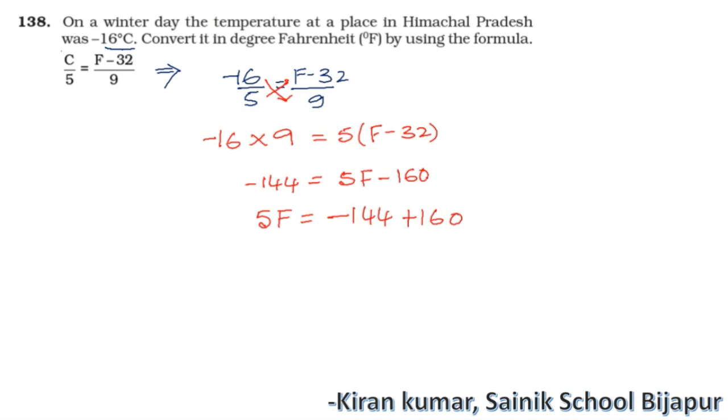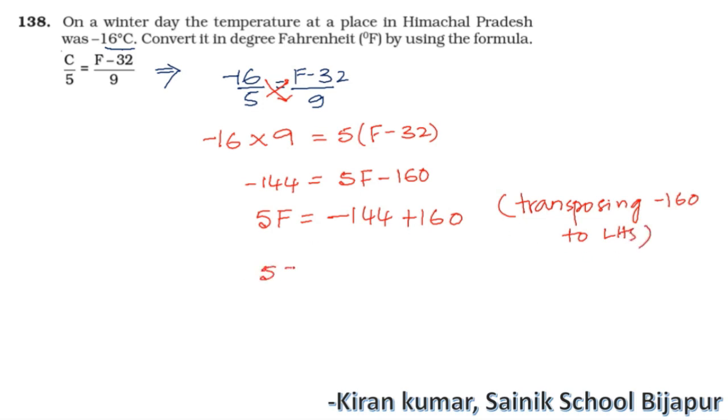You will learn this particular way of simplification in the second chapter, that is linear equation in one variable. However, I'll tell you here we have transposed. So by transposing negative 160 to the left hand side, we get this result.